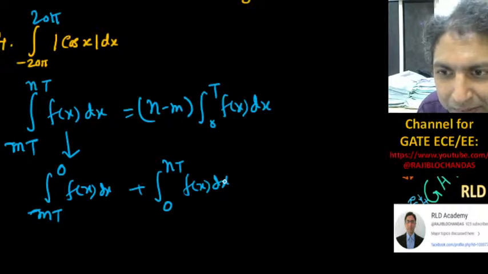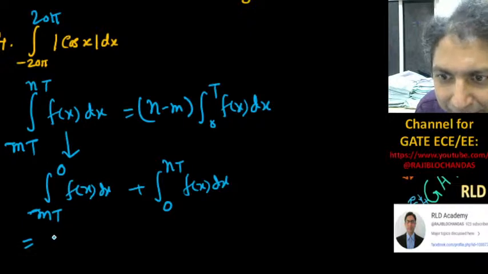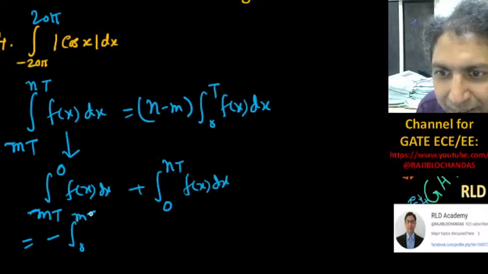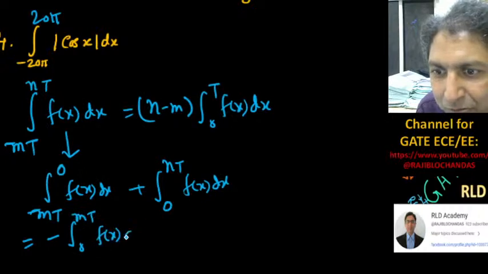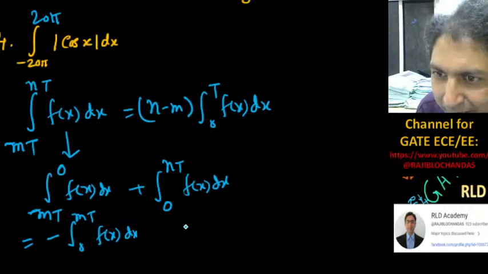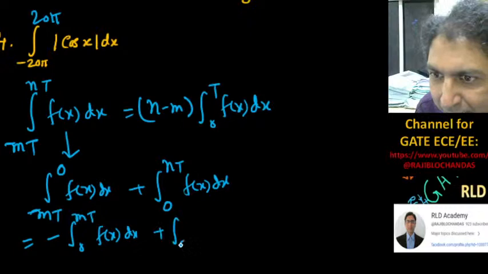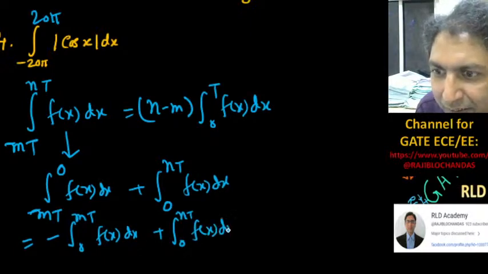Clear? So this limit we can interchange. I can put a minus sign, minus the integral from 0 to mT of f(x) dx, and this I will keep as it is, the integral from 0 to nT of f(x) dx.